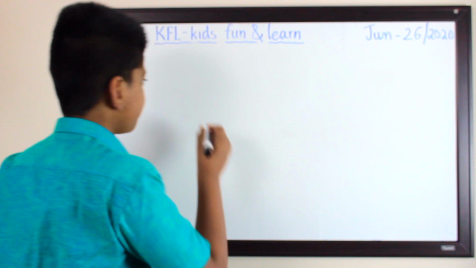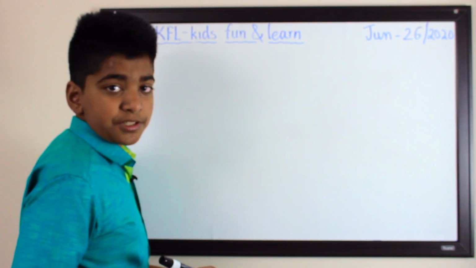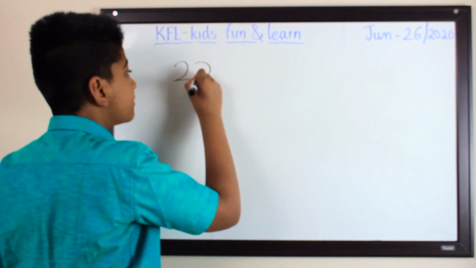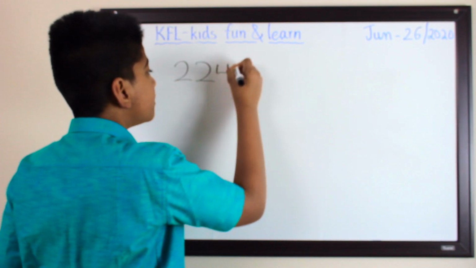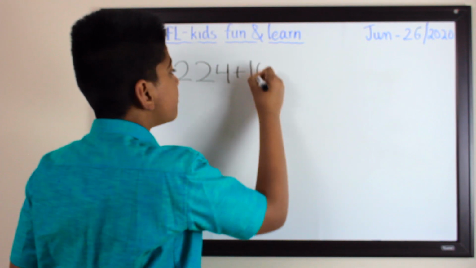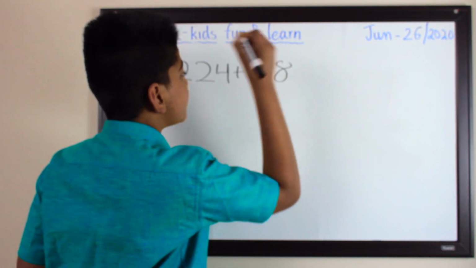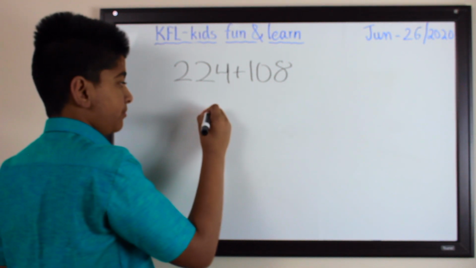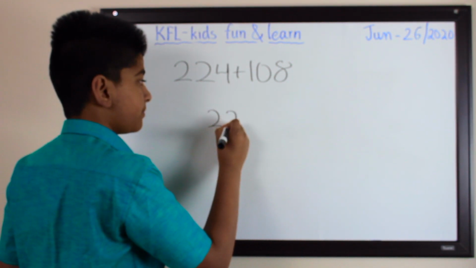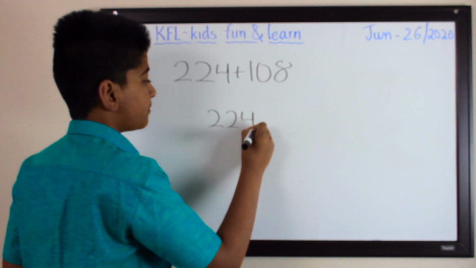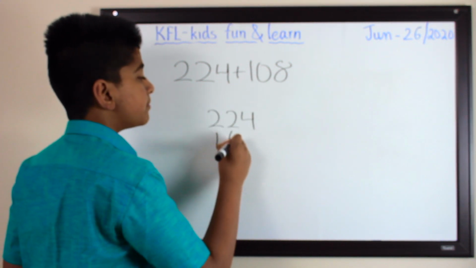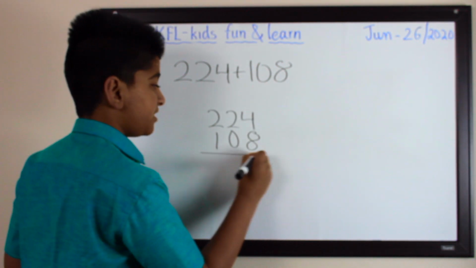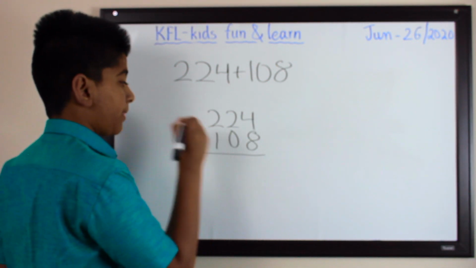So let's try 2 3-digit numbers. 224 plus 108. Okay? So first we have to write it like this. Bigger number on top, okay? Smaller number on bottom. Put a line underneath and a plus sign.